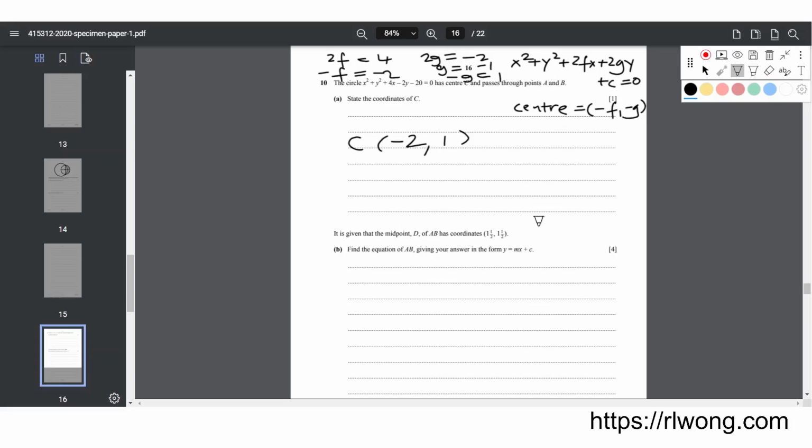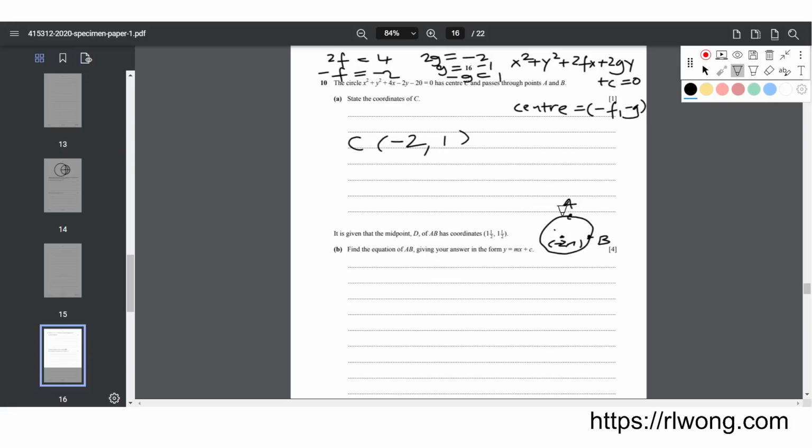Okay, and so what I'll do is, I know that this is, maybe this is A. I know here is (minus 2, 1). Next, I know that I have points A and B. I do not know where A and B are. So this is A, this is B, for instance.